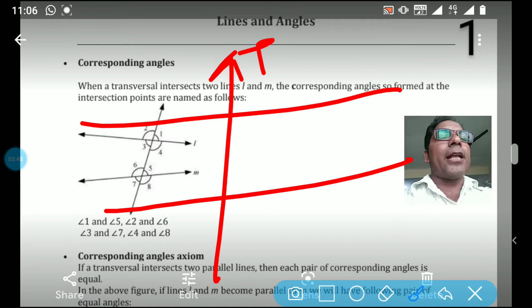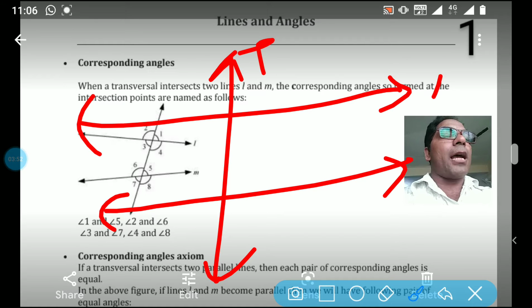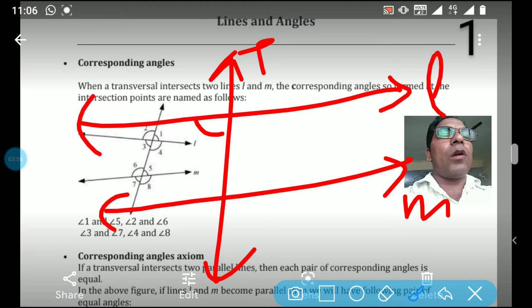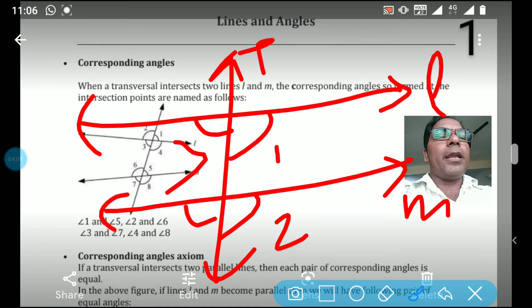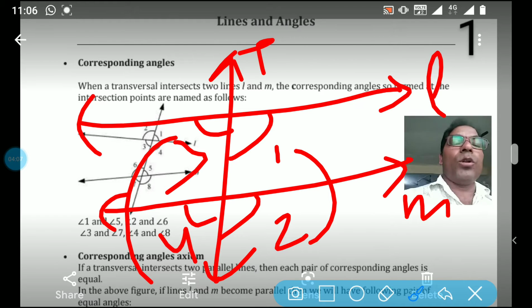This is the transversal line T, with two lines L and M. So in the downward direction also you can write 1, 2, 3 and 4. Then these angles are corresponding angles, downwards as well as in the upward direction.